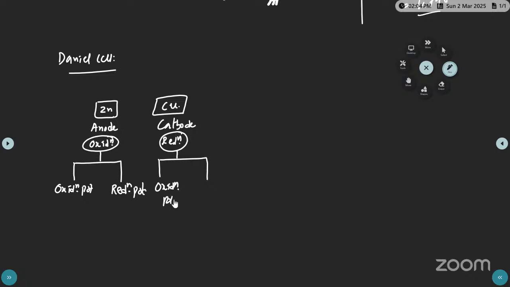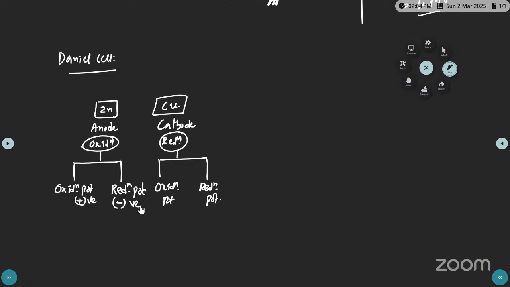Oxidation potential and reduction potential, right? At anode oxidation reaction takes place, so that potential is known as oxidation potential, and this value is positive, and the second potential, that is reduction potential, is negative, whatever ఎంత ఏ వాల్యూ అయినా ఉంటుంది అది నెగటివ్.